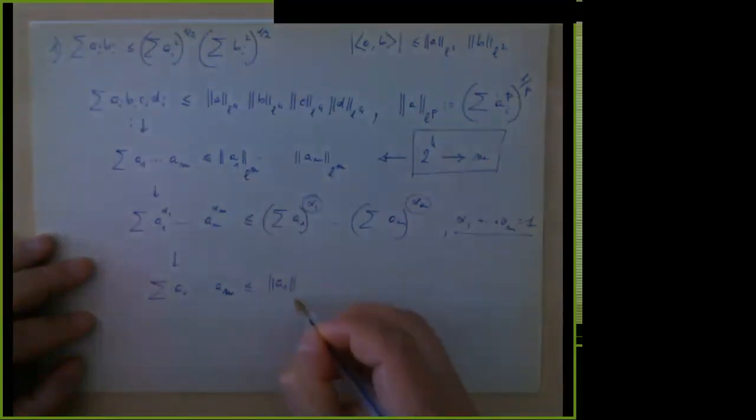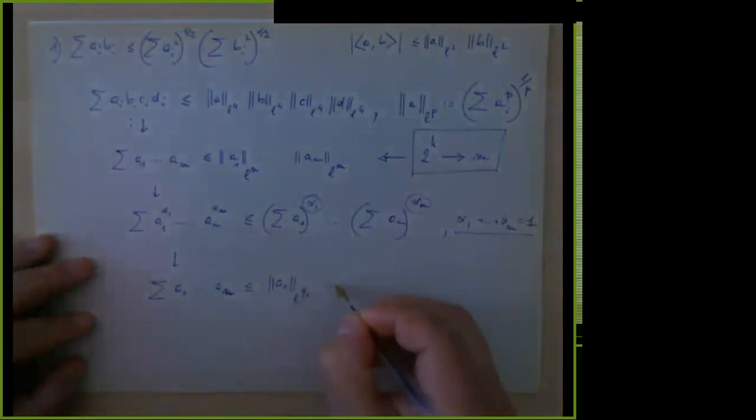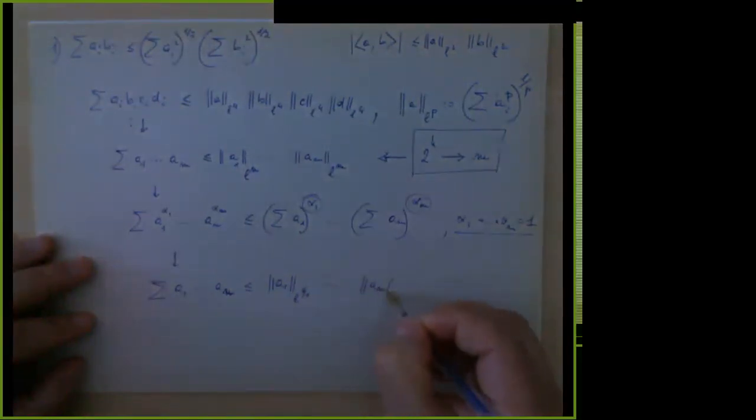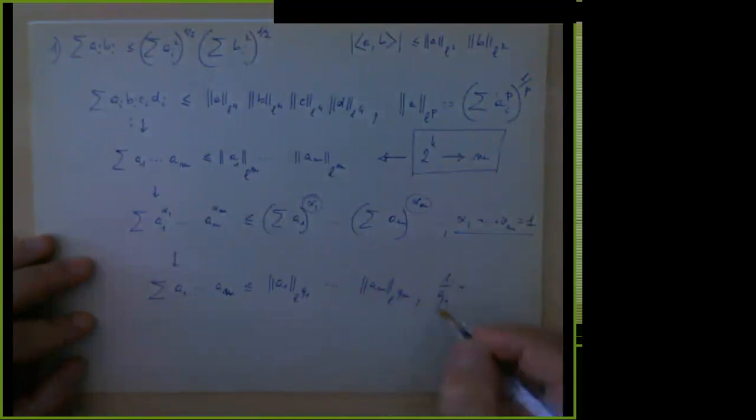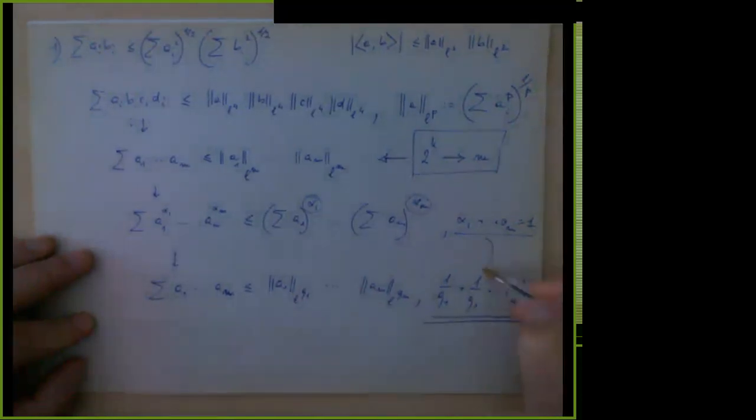We have the L^q1 norm of a_1 up to the L^qm norm of a_m, and the restriction is that the sum of 1 over q_i, similar to the harmonic mean but not quite, is 1. So this corresponds to this restriction on the exponent alpha.